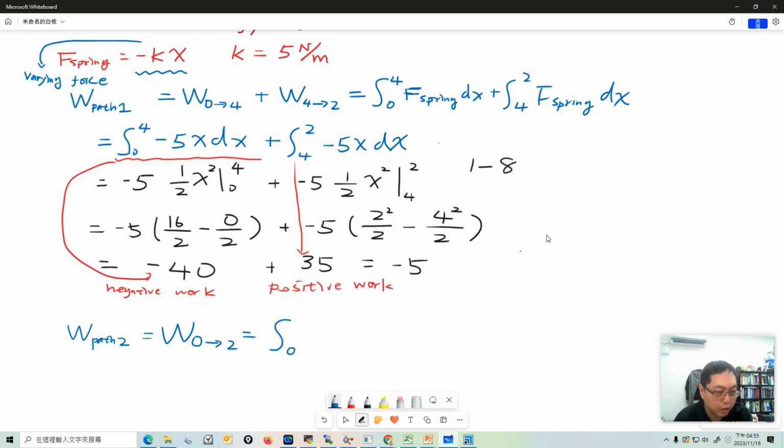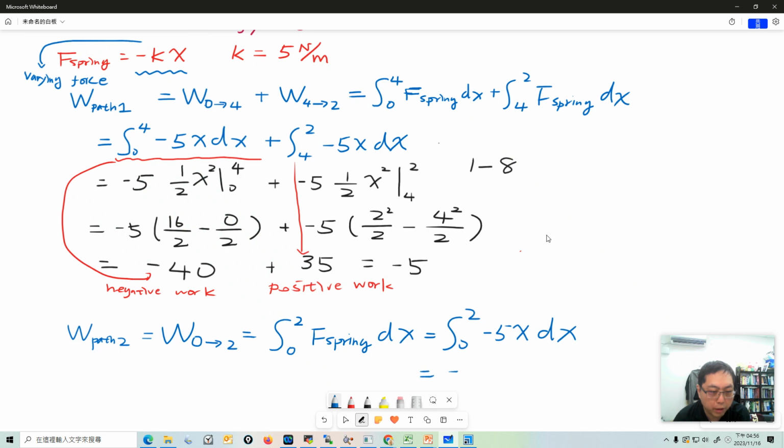We also have to use integration to do the work calculation. Sorry, the range is wrong. The integral from 0 to 2 of minus kx dx, and we say k is 5.